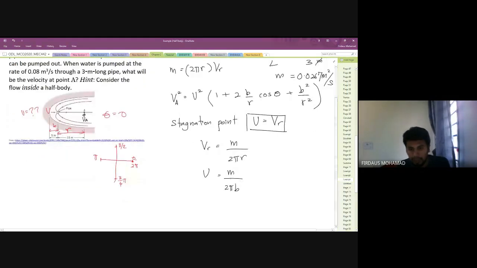So you will get U, m equal to 0.0267 divided by 2 pi, B is 5 meter, so 10 pi. So what do we get? I forgot to go back to the calculator.